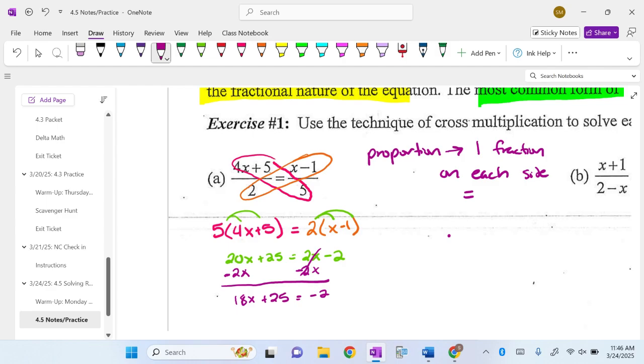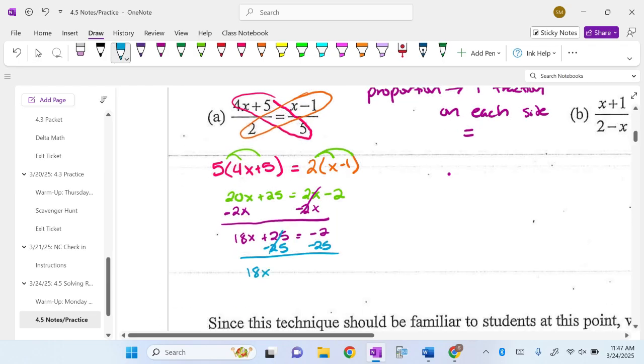What's my next step from here? Now I just got 2 steps. Minus 25 from both sides. That goes away. I get 18x is equal to negative 27. What's my last step?